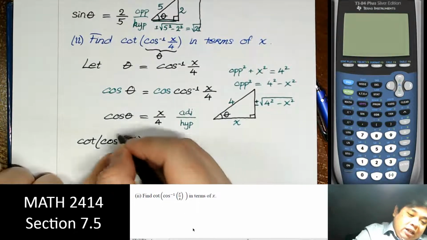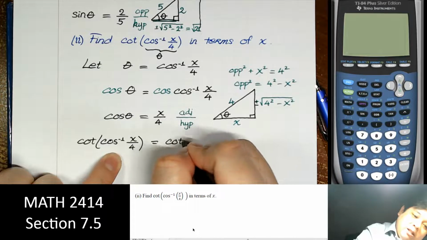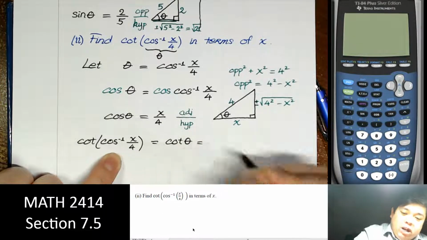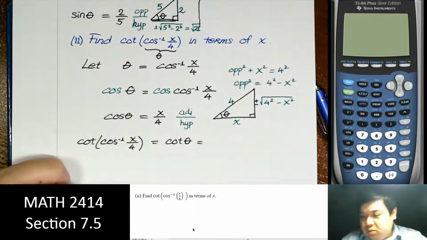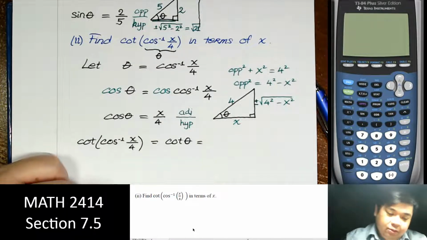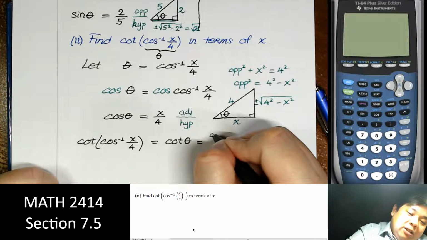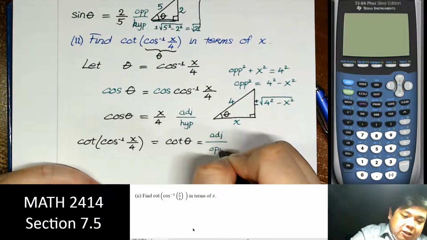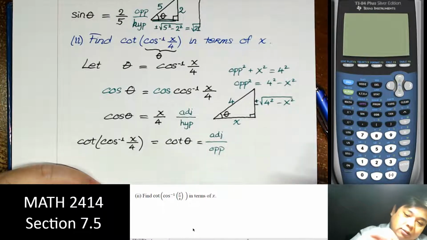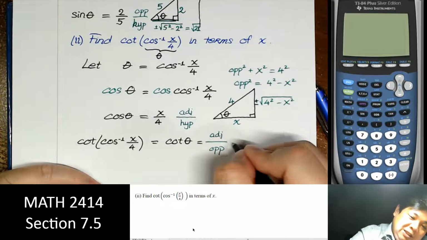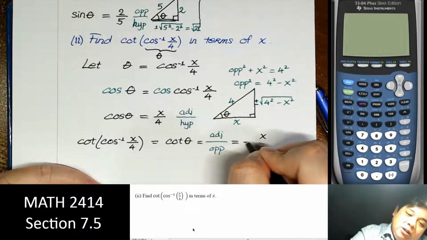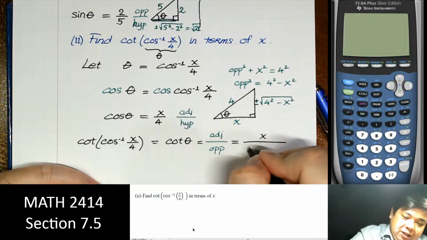I will go back to the problem. Theta is the cosine inverse. So we just have cotangent. Cotangent is adjacent over opposite. So adjacent x over opposite.